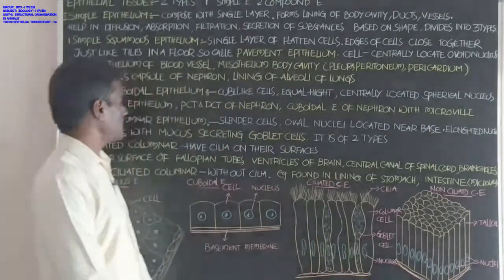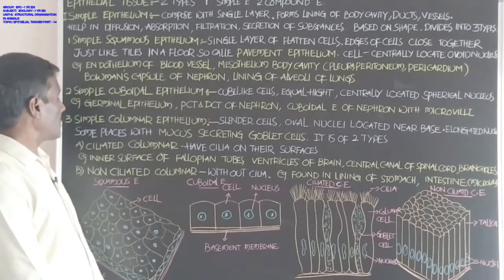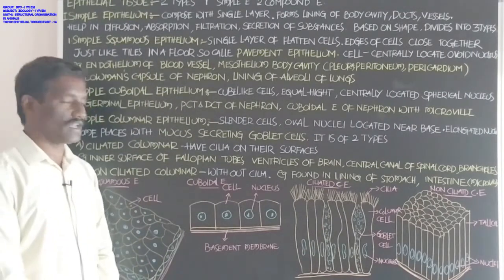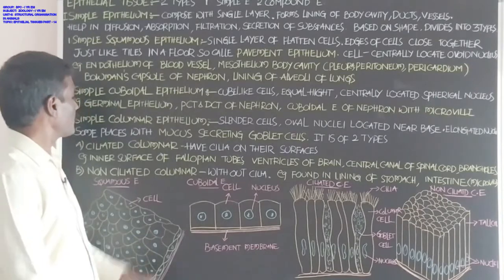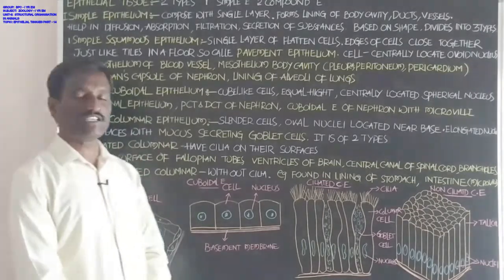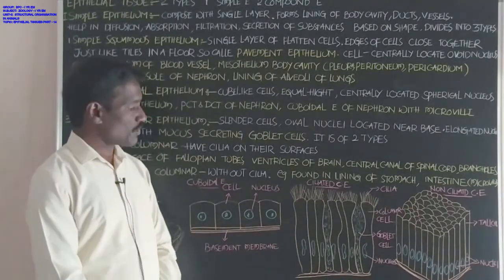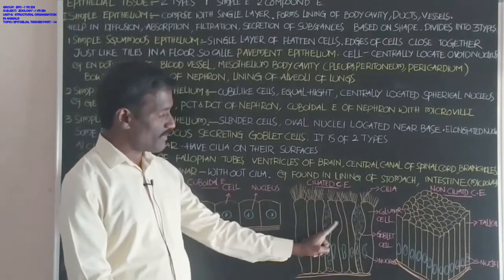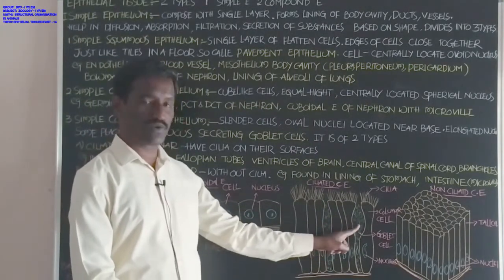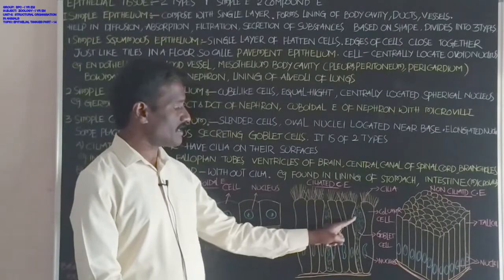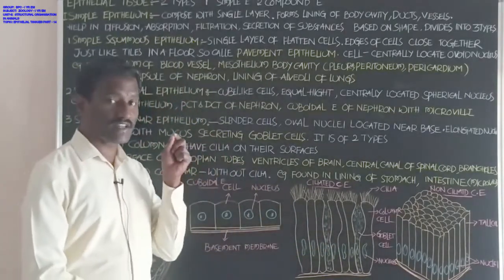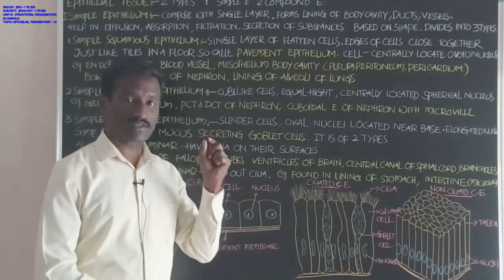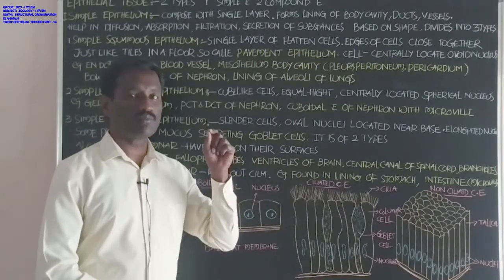Next, students, if you observe simple columnar epithelium, in some places there are goblet cells. These goblet cells are found in some places only. Goblet cells secrete a gelatinous substance called mucus.